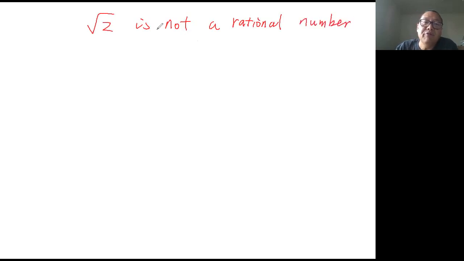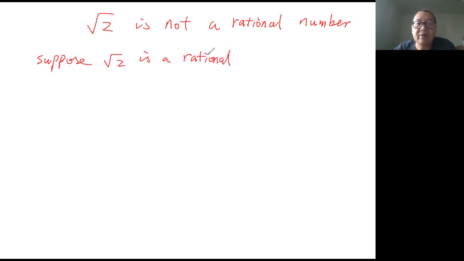If we use the contradiction approach, we suppose root 2 is a rational number. Then let's see what contradiction will happen. Let's say root 2 is a rational number.